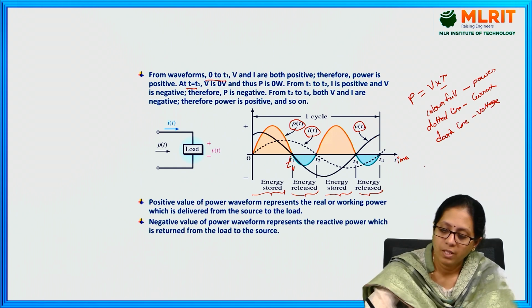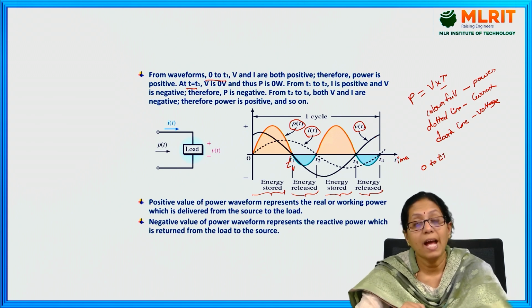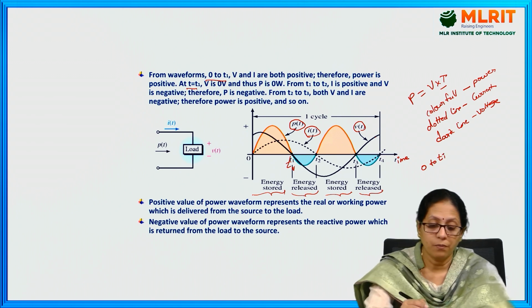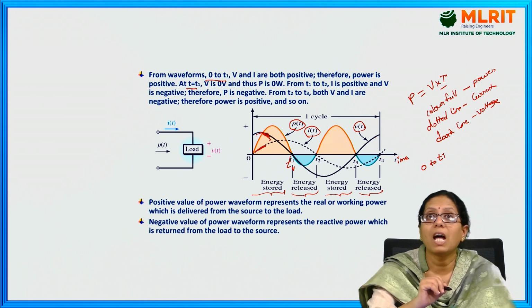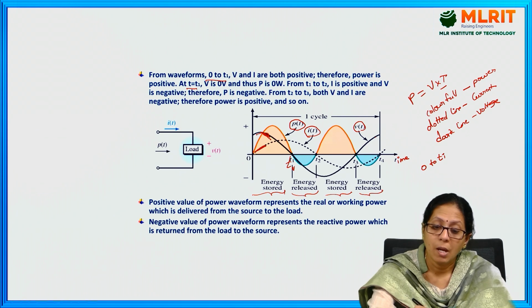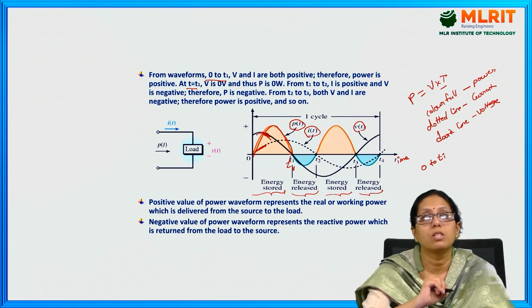So from 0 to T1, voltage and current are positive. The current as well as voltage both are positive. So the power is positive.